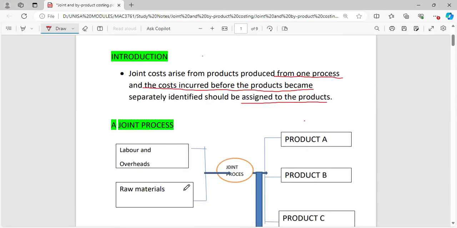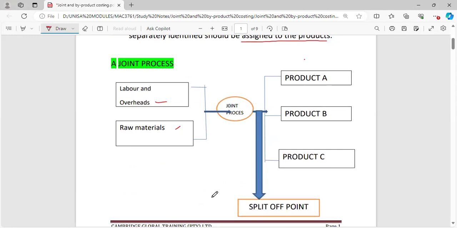So what it means is the joint process will have labor and overheads, raw materials. These are fed into the process. Then the joint process will start to operate. So after the operation of the joint process, we'll have the products at the split off point.